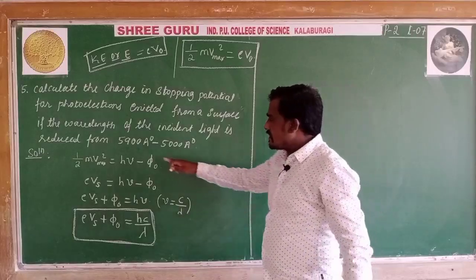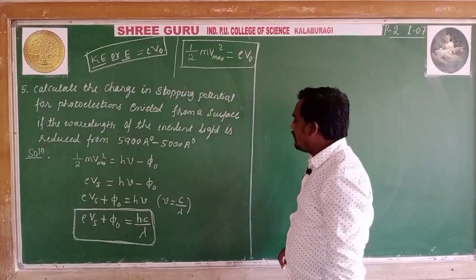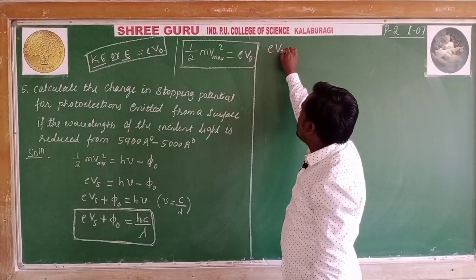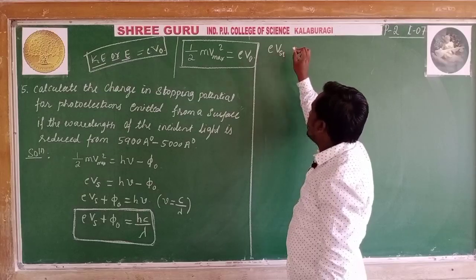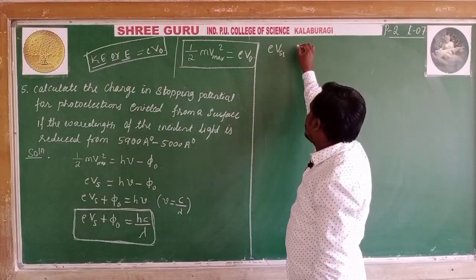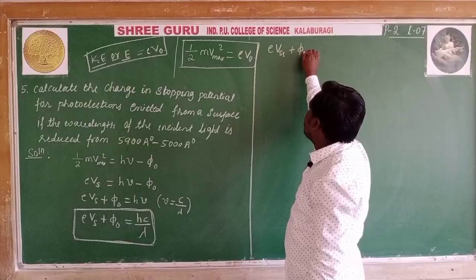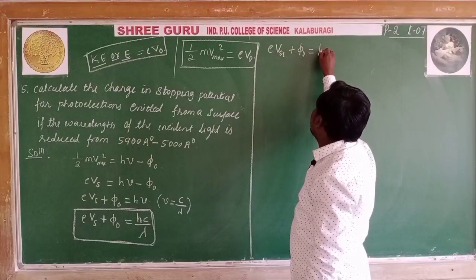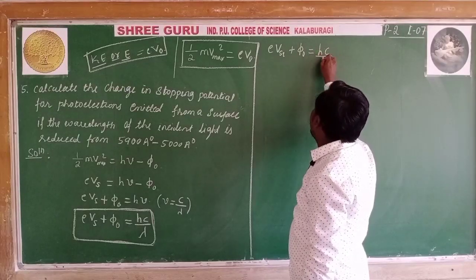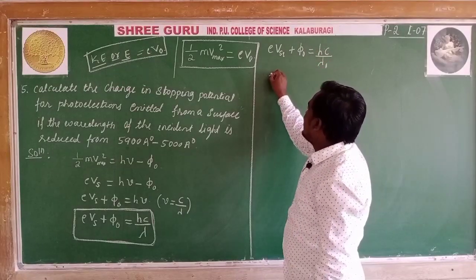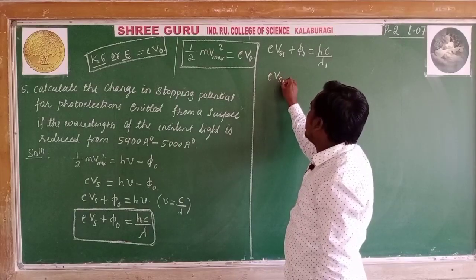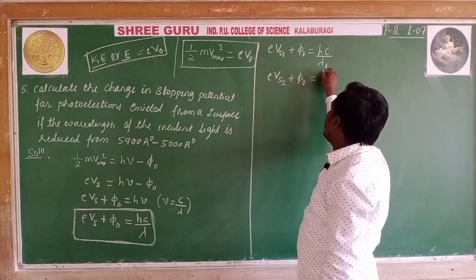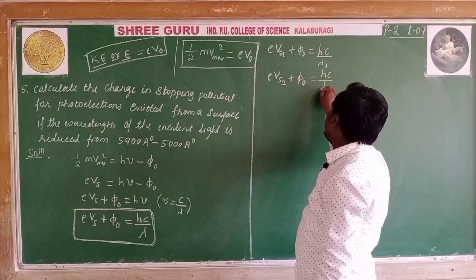Now I am considering two wavelengths, lambda 1 and lambda 2. The first relation: e Vs1, the first stopping potential, plus the work function, which remains the same for the same metal surface, is equal to h c by lambda 1. For the second stopping potential Vs2, it is h c by lambda 2.